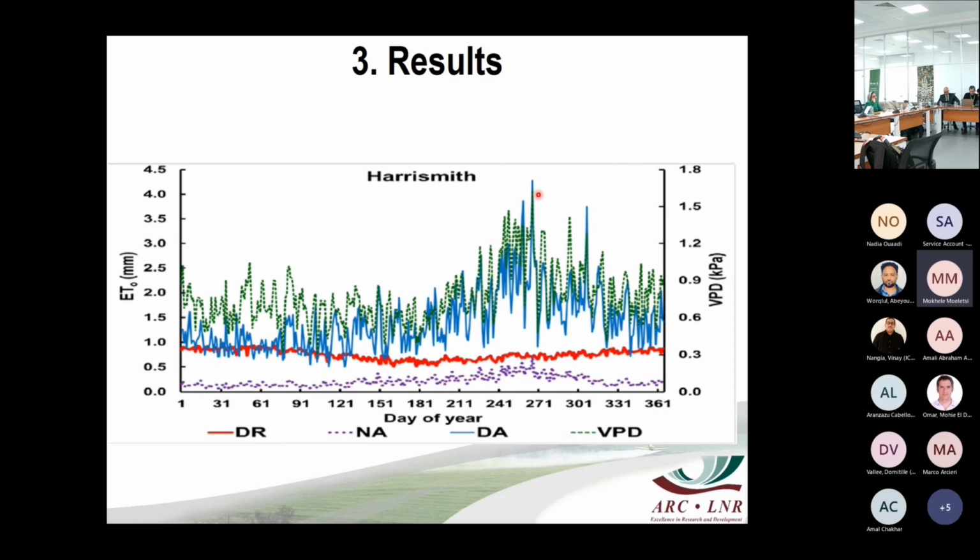And as you can see, during August to September, we relatively have high evapotranspiration and also vapor pressure difference during that particular period.